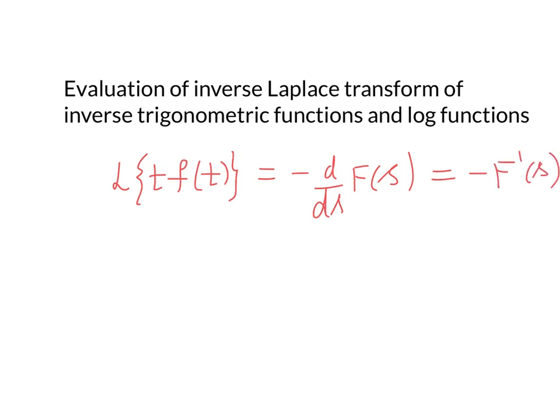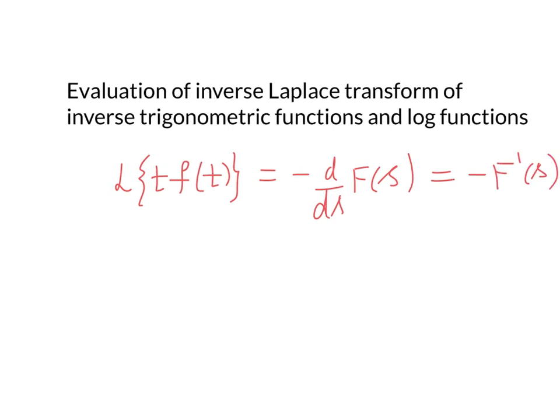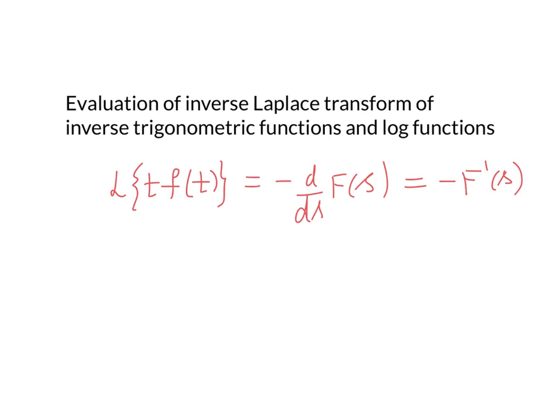So d by ds of F of s in other notation can be written as F dash s. d by ds is differentiation of F of s, so F dash s is the first differentiation with respect to s. So the inverse Laplace transform of F dash s can be written, shifting the minus to the other side, as minus t into f of t.